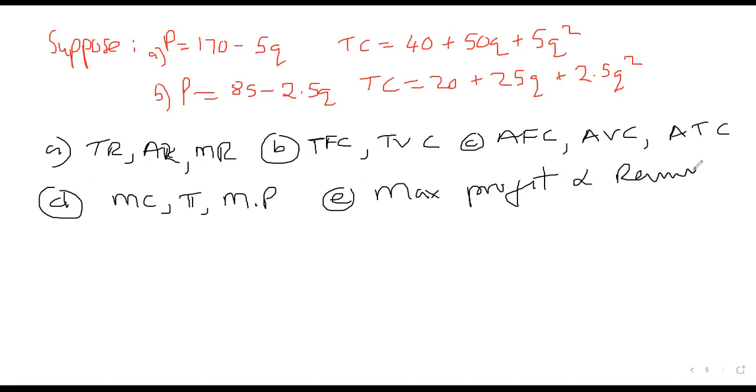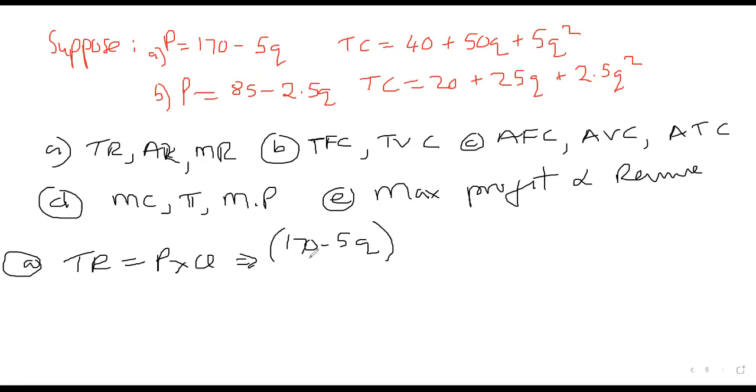Now we're going to use the formulas we've been looking at. So how do we find the total revenue? We say total revenue is simply price times quantity. So our price is what? 170 minus 5q. The quantity we haven't been given. Just put the letter q, you input it.